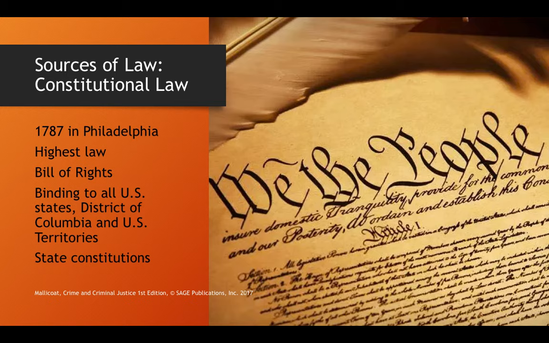And then we have constitutional law. Okay, so we have 1787, Philadelphia and the Constitutional Convention, right? This is when our founding fathers wrote the Constitution, and the Constitution is pretty much a rule book for the way that the United States operates. It is considered the highest law of the land, and it incorporates the Bill of Rights, which were initially not to be included, right?